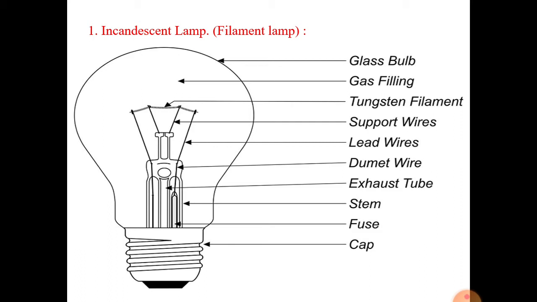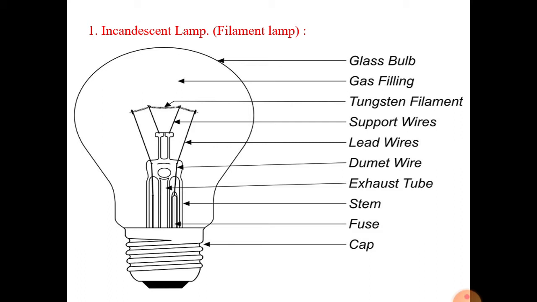If it is vacuum filled, the vacuum will be there, and if it is gas filled, then there are two types of inert gases used in this type of bulb. One is argon with a small percentage of nitrogen. Then krypton is the base gas for this purpose, but it is so expensive that it is used only in special applications.